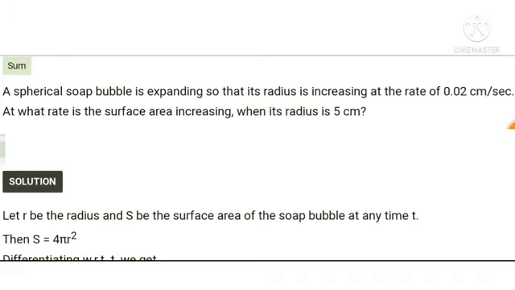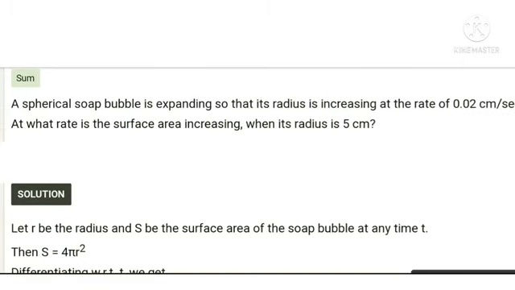See question number 8. A spherical soap bubble is expanding so that its radius is increasing at the rate of 0.02 centimeter per second. At what rate is the surface area increasing when its diameter is 5 centimeter?